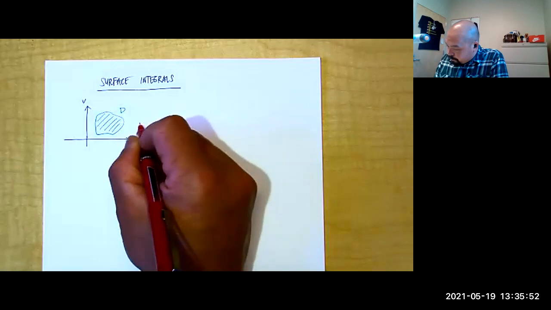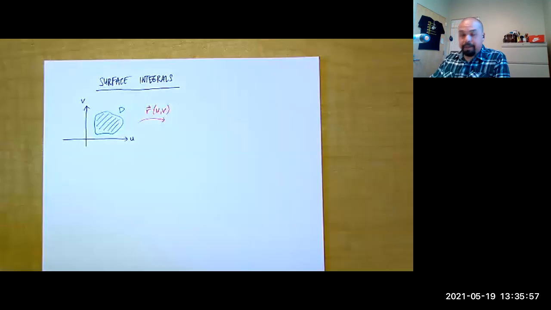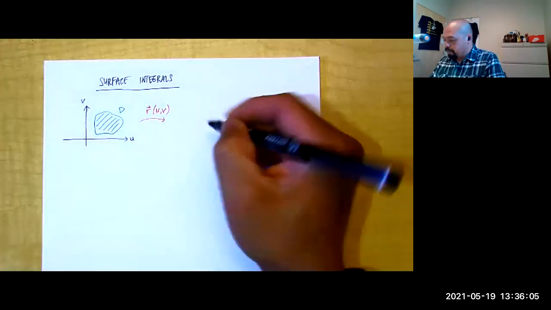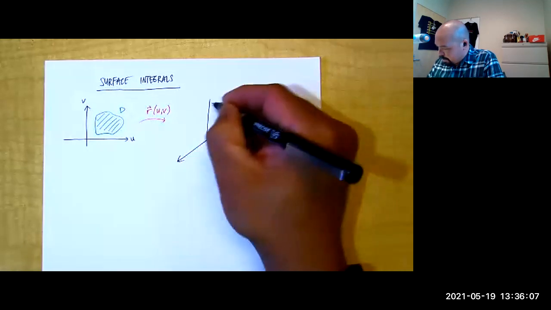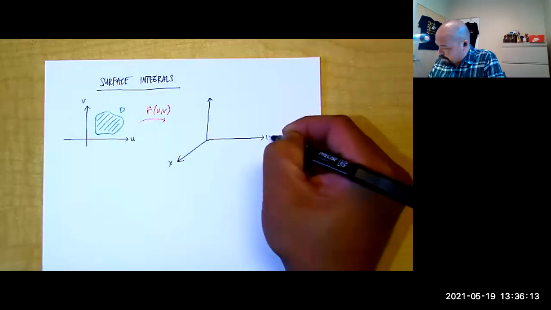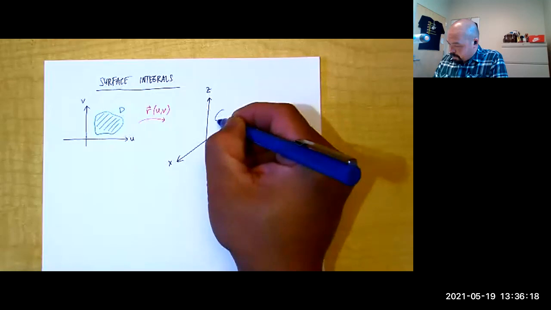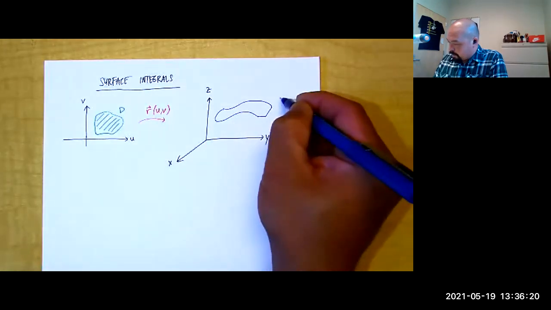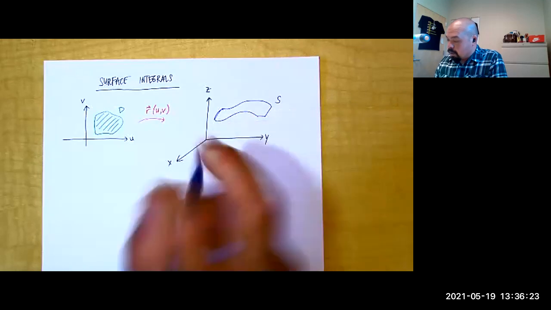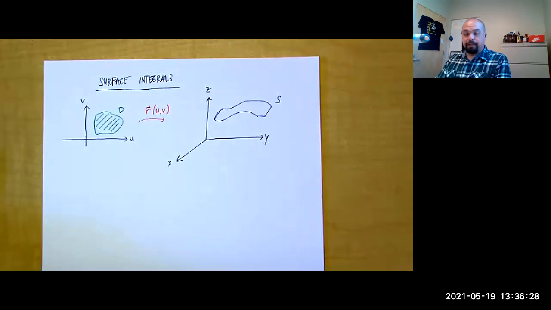Then we're going to use a parametric function, this vector valued function, to point us to different locations on the surface, to create some surface S, that these points u, v are getting mapped to on that surface.